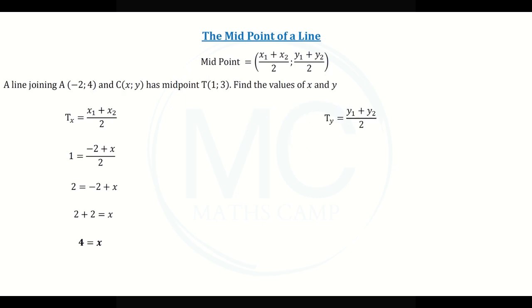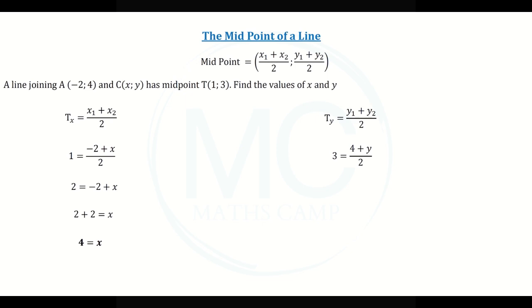The y coordinate of the midpoint t is 3, so we say 3 is equal to the y coordinate of our first point, A, which is 4, plus the y coordinate of C, which is simply y, all over 2. And now we can solve for y.